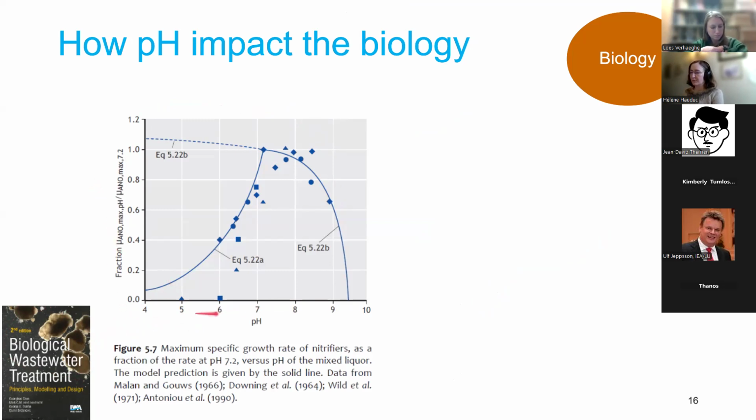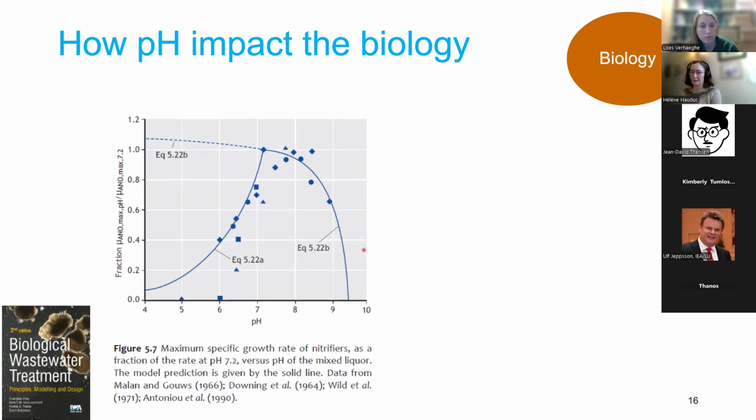It shows, depending on the pH, the fraction of the growth rate of nitrifiers compared to the maximum growth rate that the nitrifiers have at pH 7.2. We can see that this growth rate drops around pH 6 to 6.5, and around pH 8.5 to 9.